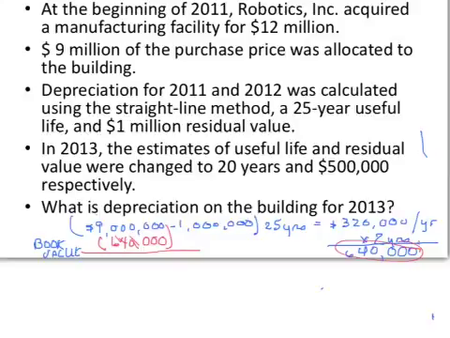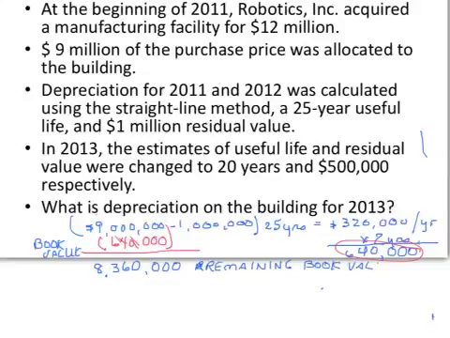So in other words, they've got remaining undepreciated cost of $8,360,000. That's the remaining book value or undepreciated cost.